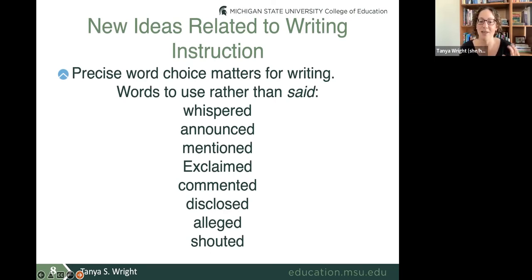If you alleged something, there's something about suggesting that maybe somebody did something wrong that you're accusing them of. If you shout something, it might mean you're angry or super excited. So all of these have slightly different meanings and convey something different to an audience.